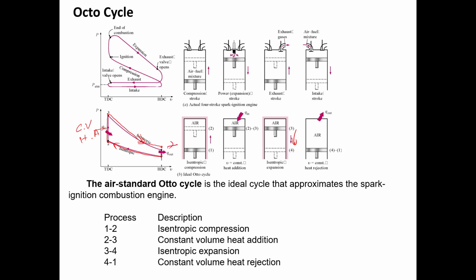This is the heat exchanging process, which we call constant volume heat rejection. So this is constant volume heat addition, this is constant volume heat rejection. Then we have isentropic compression and isentropic expansion. Those are the 4 processes.